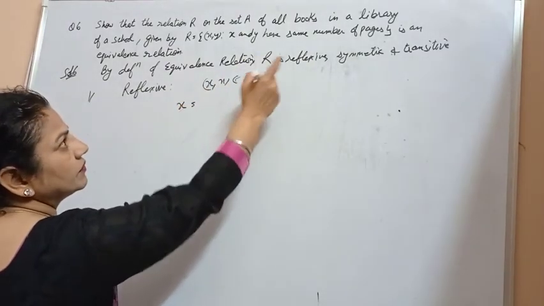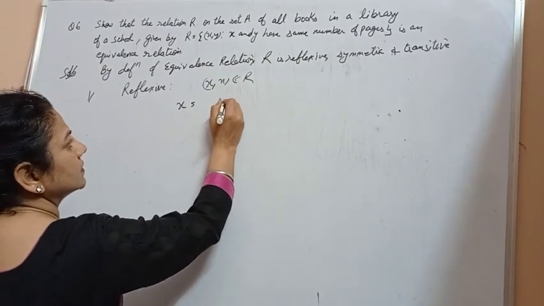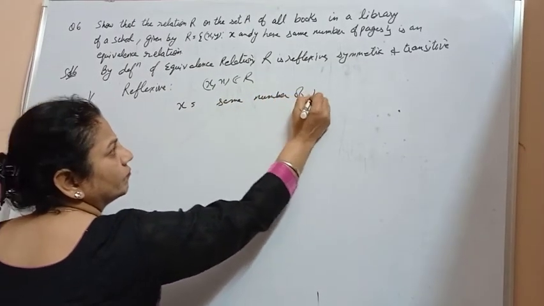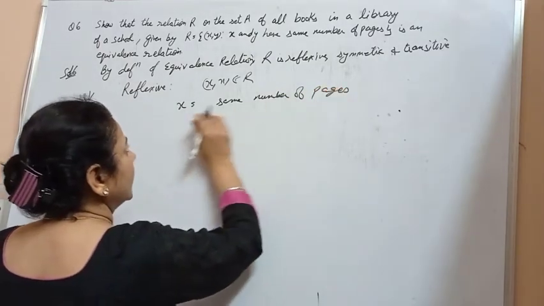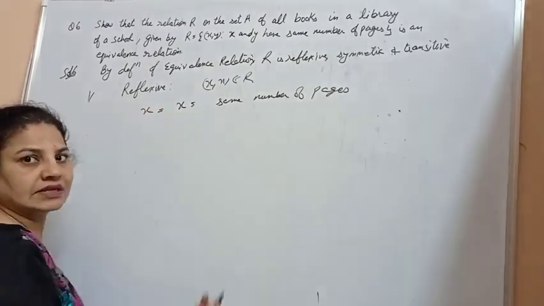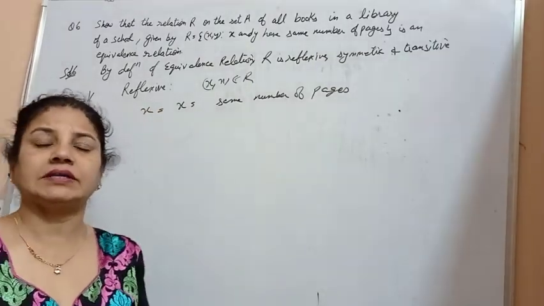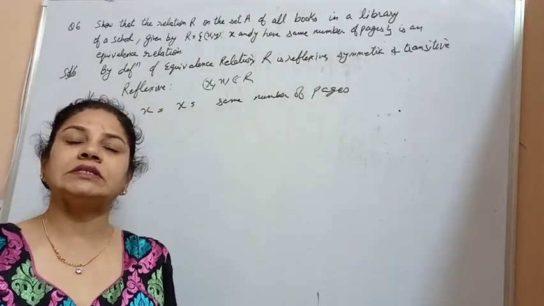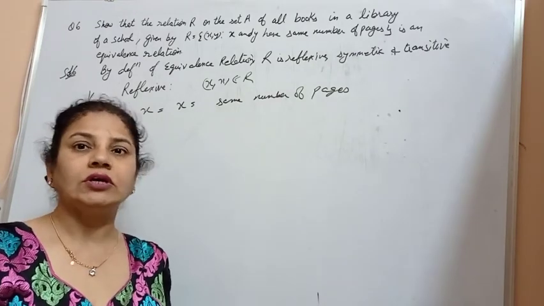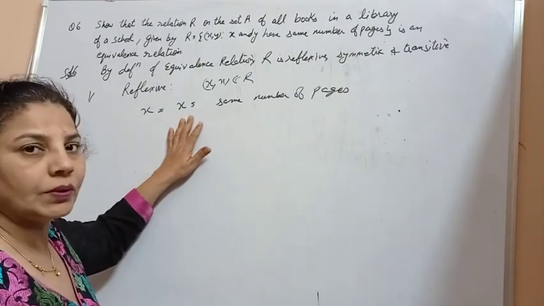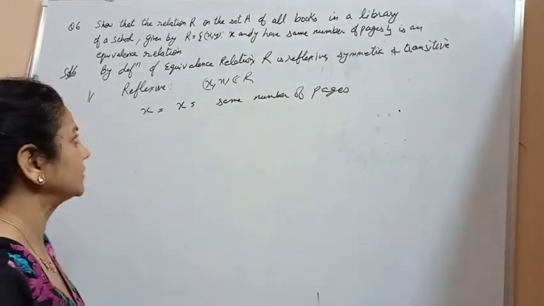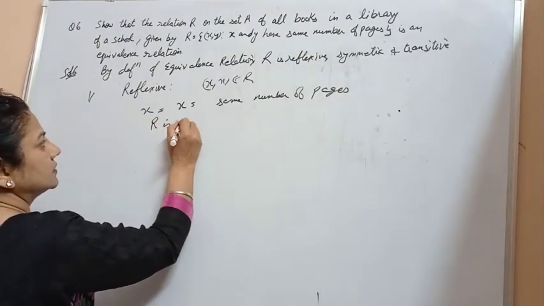X has the same number of pages as X. It's obvious that X also has the same number of pages. If I have a book of mathematics, it has say 250 pages, then the same book also has the same 250 pages only. So X is equal to X in this case, X has the same number of pages, so R is reflexive.